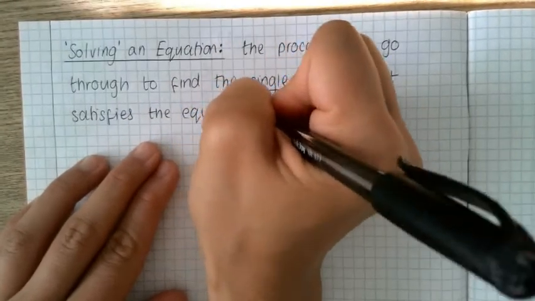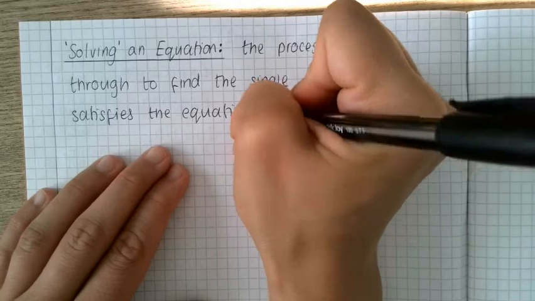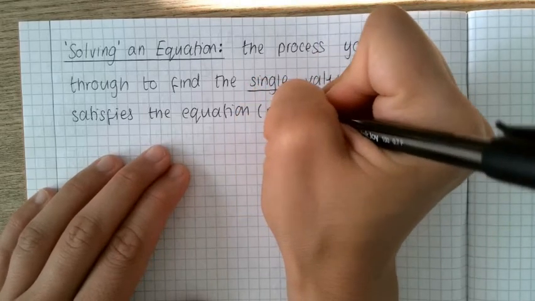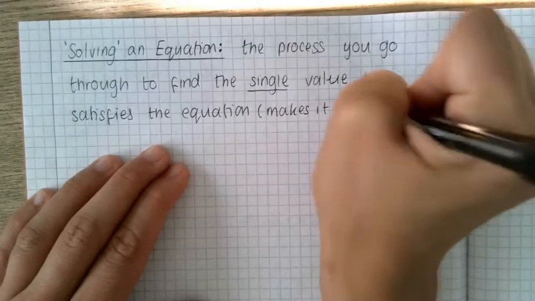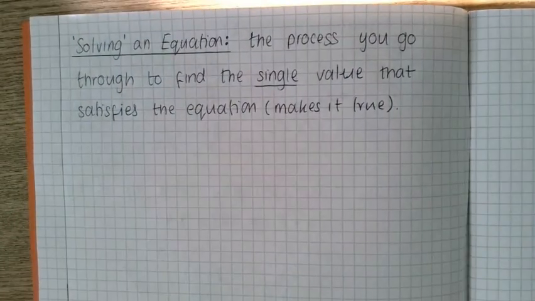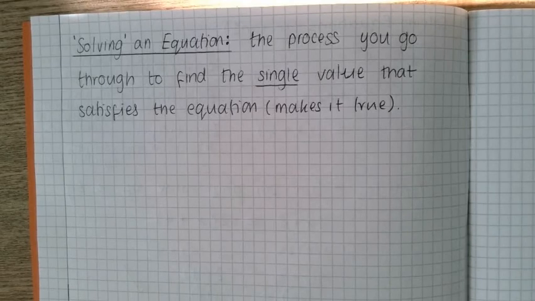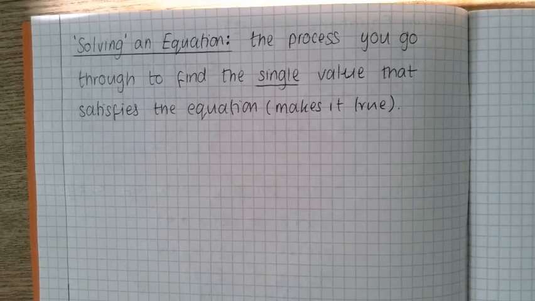And when I say satisfies the equation, I mean makes it true. Because remember, when we used -2 and 5 in the previous one, the equation wasn't true for that value.